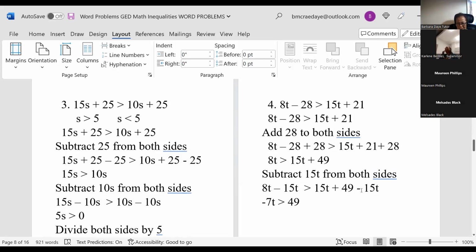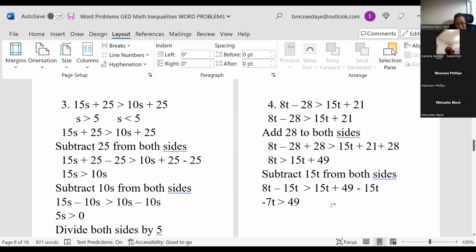Oh, because I see you have 15t there, so I was confused with that. No, that's 8t on the left, minus 15t, greater than 15t plus 49 minus 15t. The plus 15t and the minus 15t is 0. So what you have left is just 49, correct?